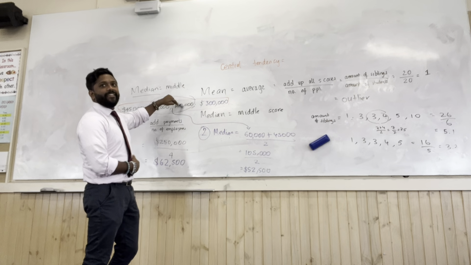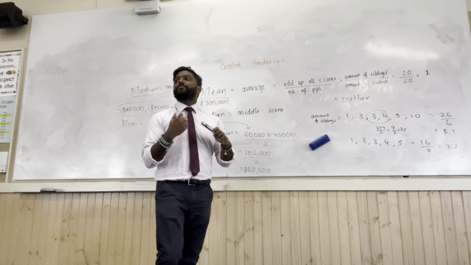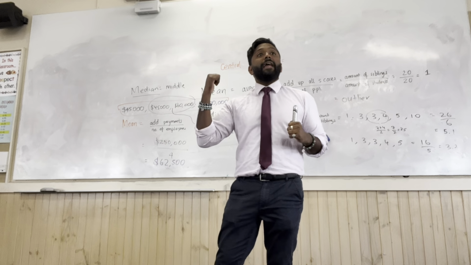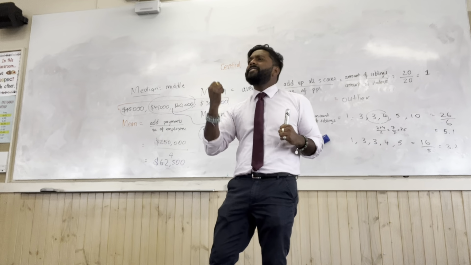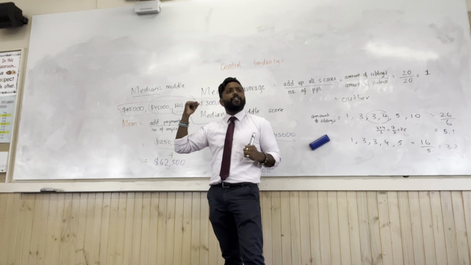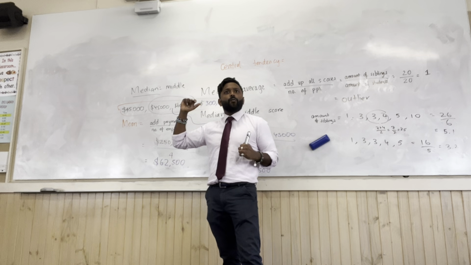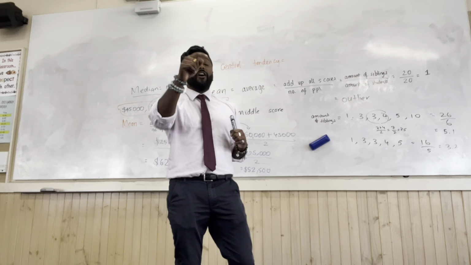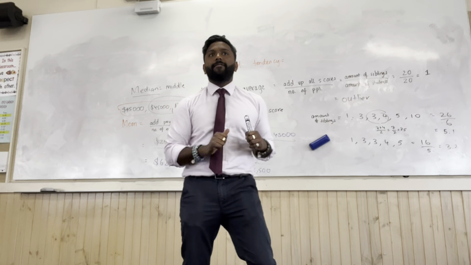So you can see here, guys, the mean, the average, is affected by my payment, but the median is not affected. What's the disadvantage about a median? Let's say, for example, there are 1,000 employees in my company. What's the disadvantage about finding out the median? What are the set rules to find out the median? Find the middle number, but you've got to do something before that.